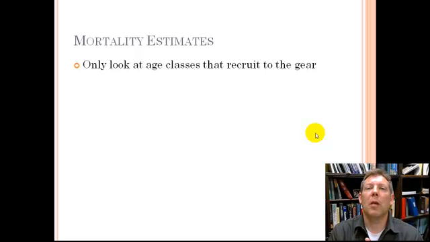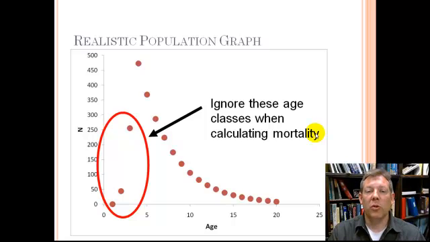So when we're doing our mortality estimates, again, we're concentrating on adult mortality. We're only looking at the age classes that recruit to the gear. So when we do mortality, we're going to ignore these young age classes. Our first step is to do this plot and get a feel for when the fish fully recruit to the gear.